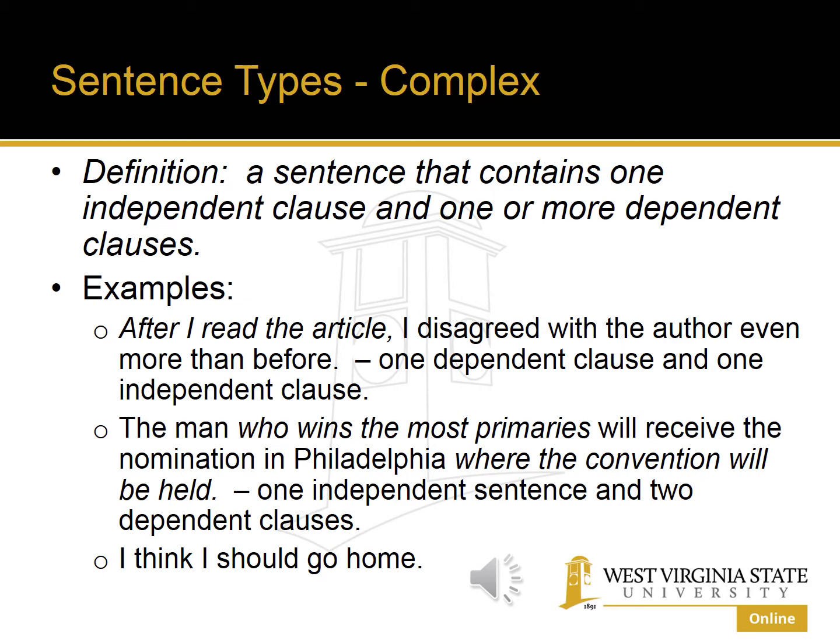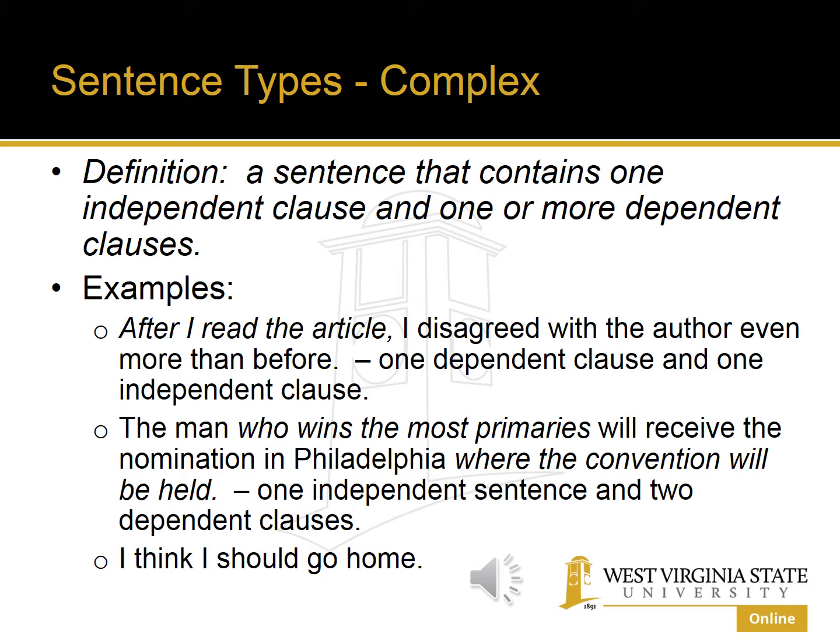It's an introductory clause, so it ends in a comma. And we see the connection. It makes sense to say that there's a cause and effect here. I read the article, I disagree with the author even more. So after I read the article, I disagreed with the author. That's a classic complex sentence.